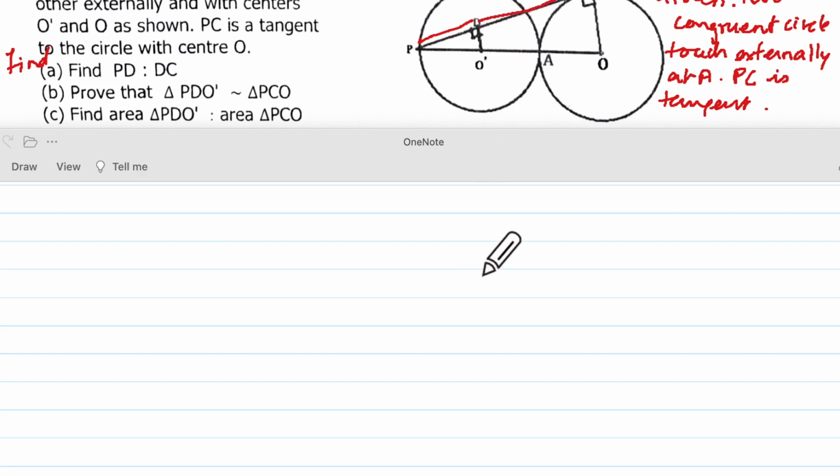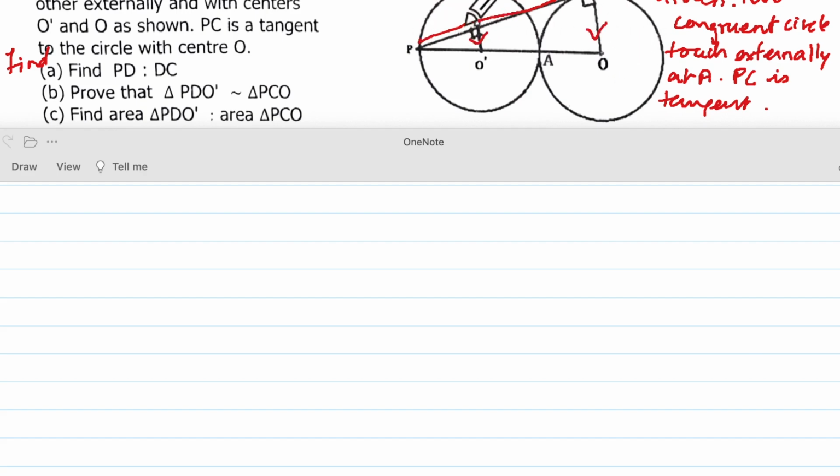This is what you have to find. How will we find it? Now using similarity. Quicker than that will be BPT. Can you see over here? This is 90 degrees, this is 90 degrees. Which means this is parallel to this.